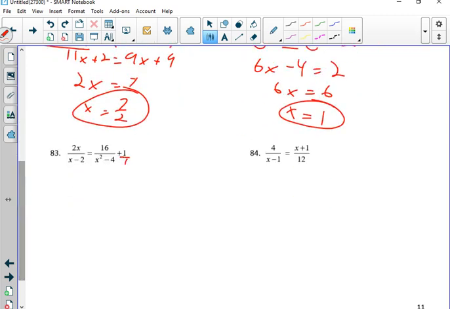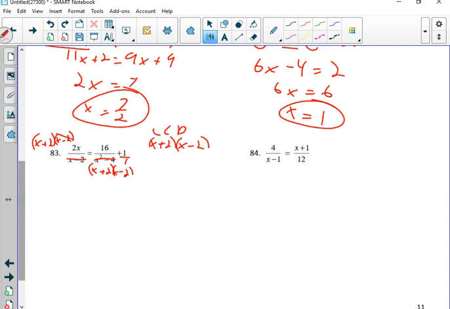Remember that's over 1. And remember this factor is (x plus 2)(x minus 2), which is my LCD. Good thing to always write this down real quick. Keeps you on track. So I'm going to multiply by (x plus 2)(x minus 2). And my x minus 2 cancels.